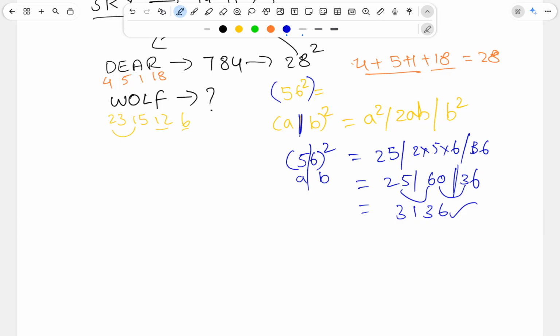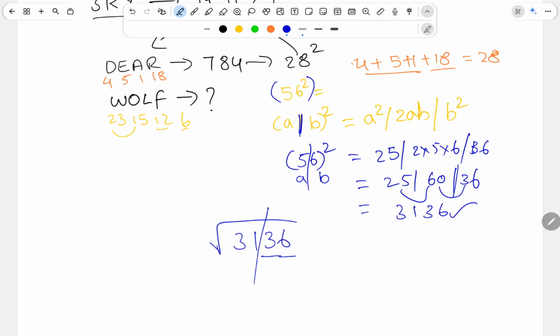Suppose how to find the root of this, 3136? My easiest method: first, as I told you, you have to learn 30 squares. Whatever the number is, to find the square root, the last two digits should be separated. Now what are the last two digits? 36.